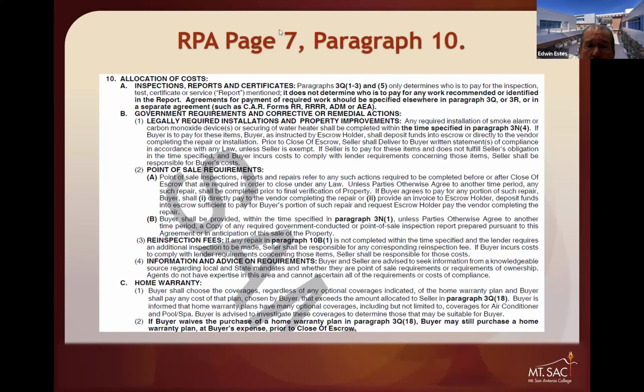If a termite report is disclosed up front and we want seller to pay for the repairs, is it acceptable to say seller to pay for all section 1 work, or does it have to say seller to pay for X amount of repairs as cited on the report? I would go with the latter, but you are going against CAR recommendation, and make sure you involve your broker in this.